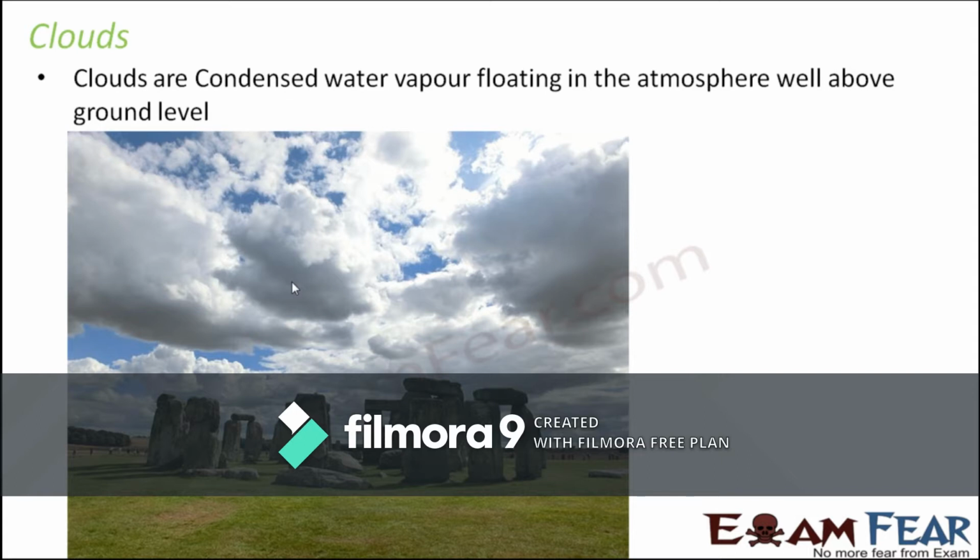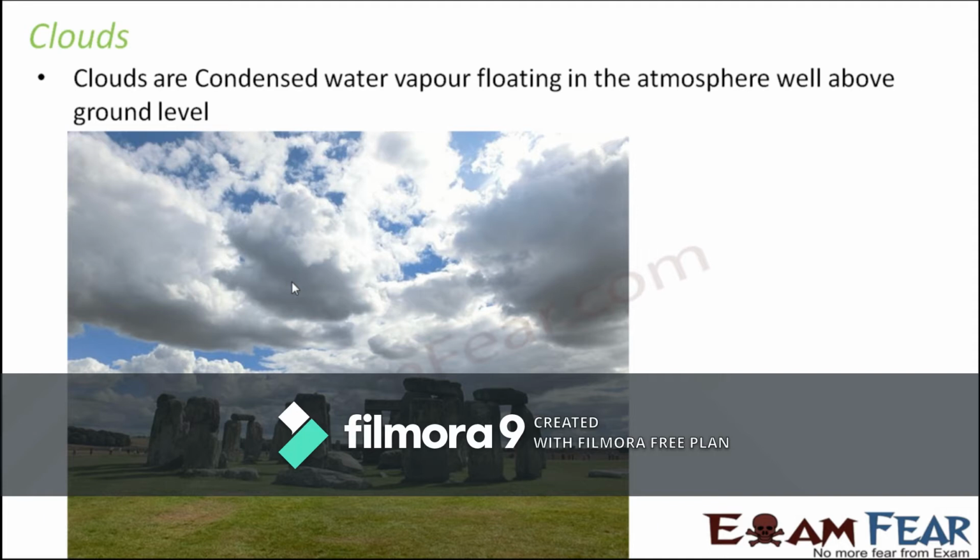Now why are clouds formed quite above the ground level? That's because, as I said, as you go up, the temperature decreases. Therefore, as the air moves up, the air becomes cooler. So when the air reaches sufficiently large heights, only at that height the air becomes so cool that it can cause condensation.